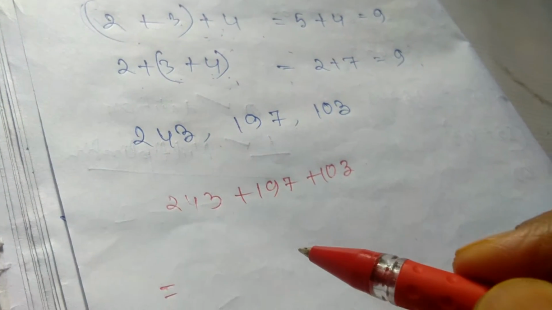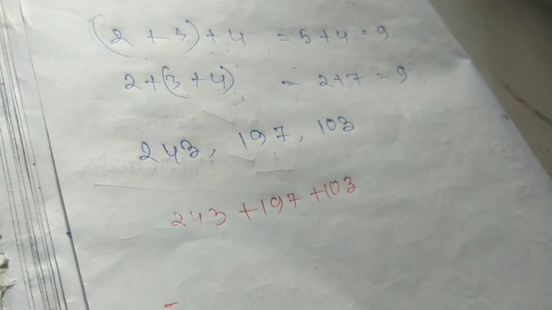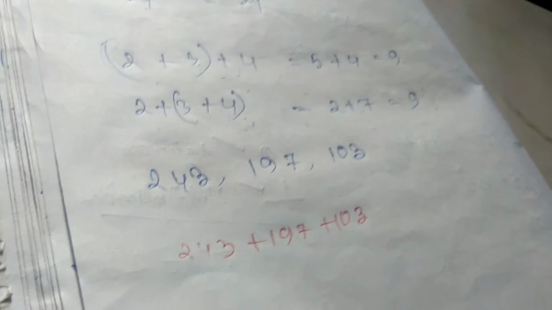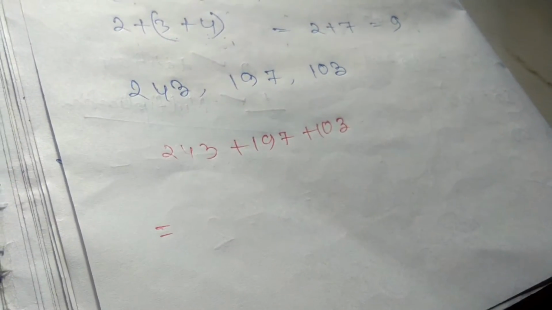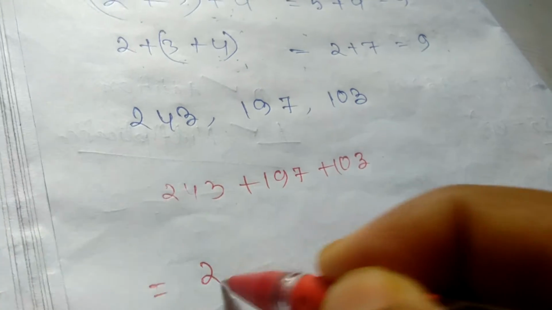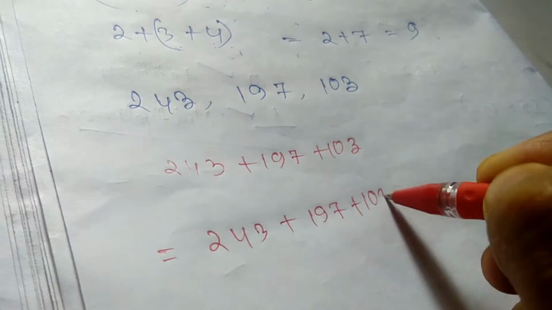Now I am applying associativity of addition. How? 243 plus 197 plus 103.